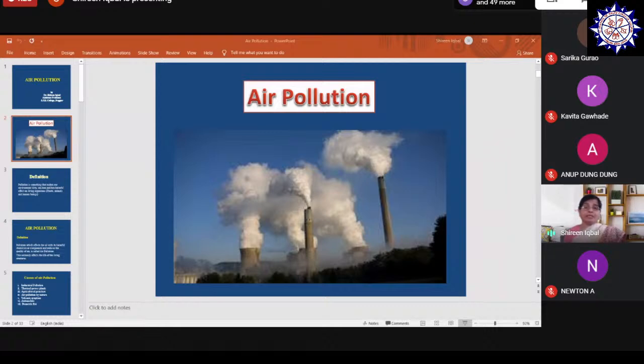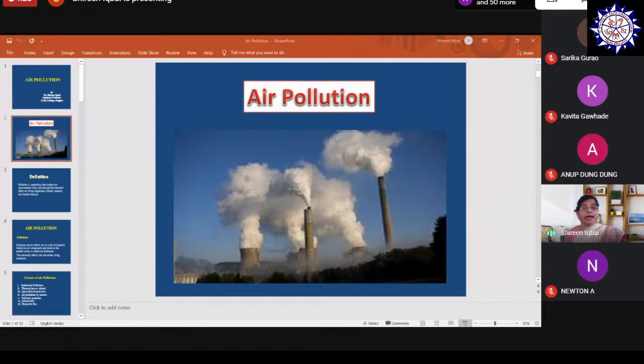So today we will see the causes of air pollution. There are many causes of air pollution, but I have covered the important causes. First, industrial pollution. Second, thermal power plants.